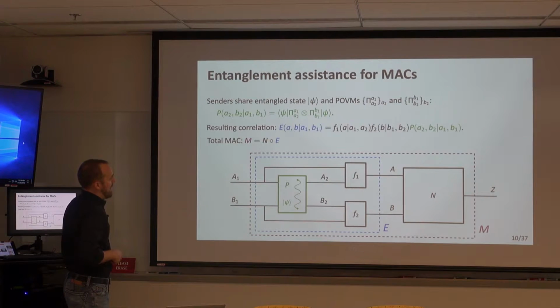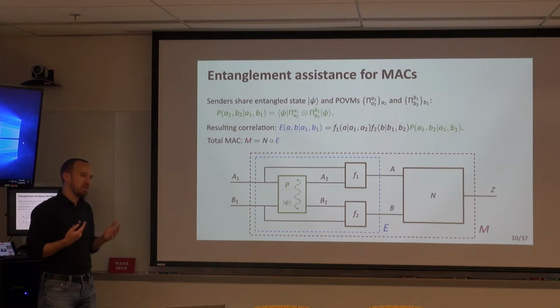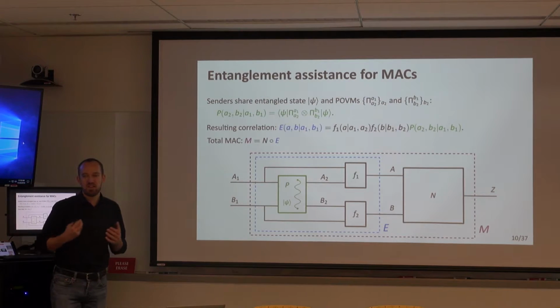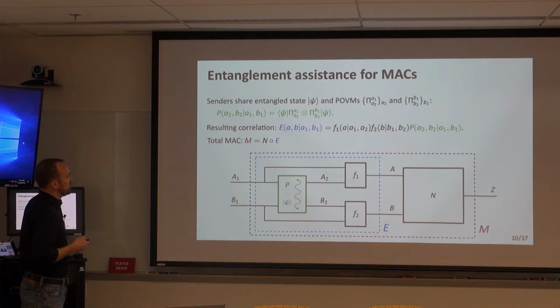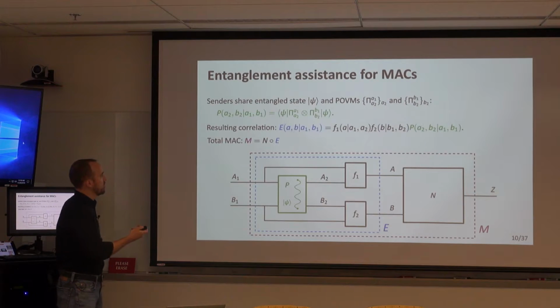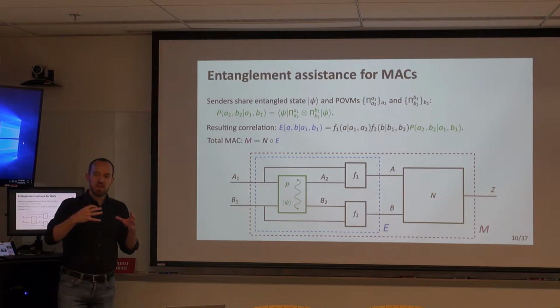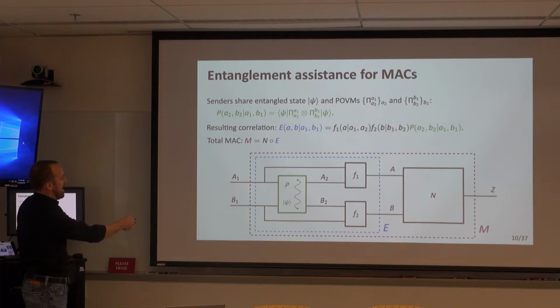All right. I do have to tell you, because this is less straightforward than it might seem, how you can use entanglement between senders in a coding scenario. We work in the usual tensor model where the two parties share some entangled state psi, and they're allowed to choose POVMs and measure their respective share of the entangled state.